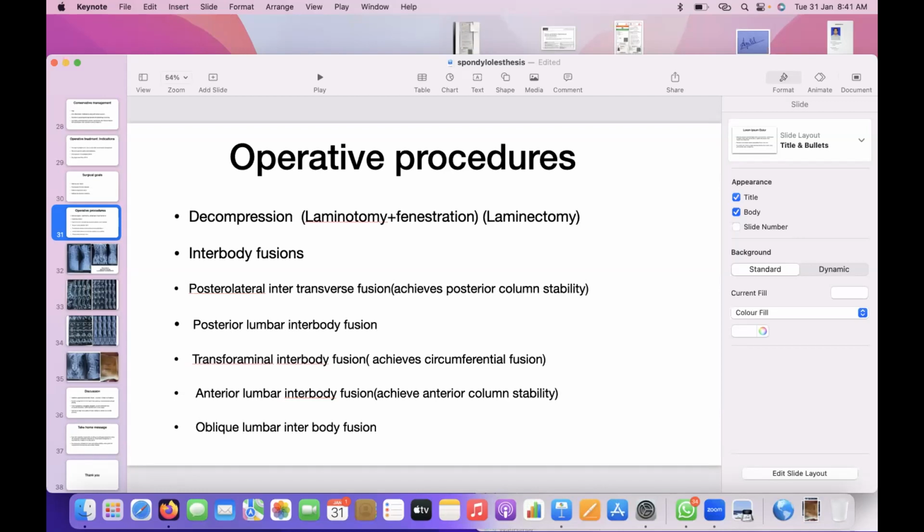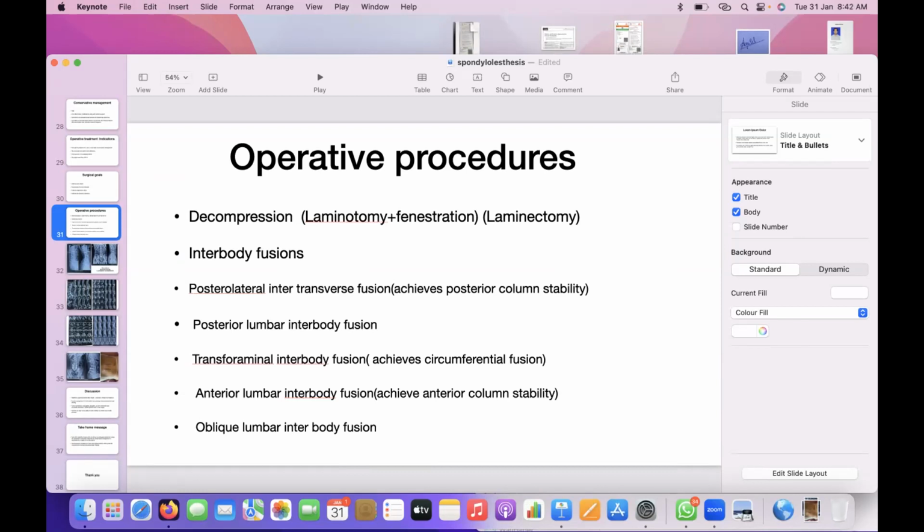So it's not an inferior kind of grafting and fusion. You need to modify it: it's not just a posterior column fixation. Intertransverse fusions are not 360, but they also stabilize the anterior columns. Okay, sir.